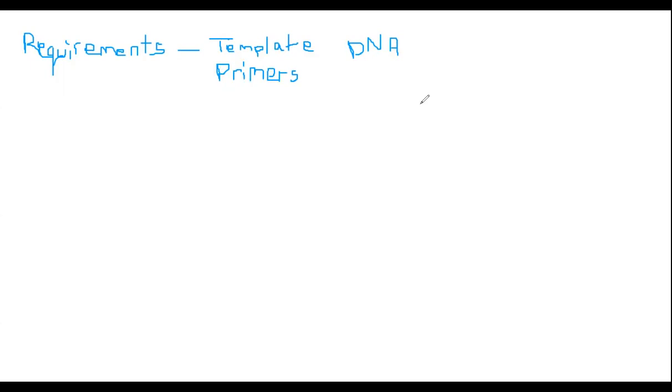Something else. So we've got a template DNA. We have our primers. Do we need heat? Yes, we do need heat. I'll just put that over there, because we certainly need to heat up the reaction.